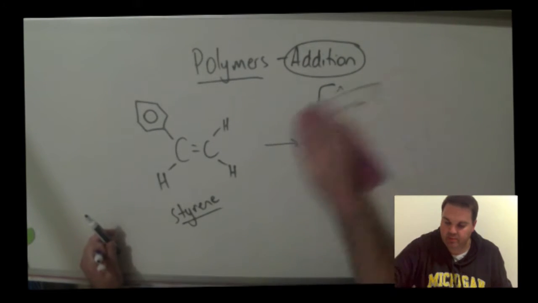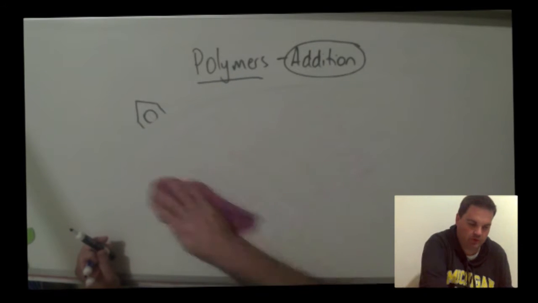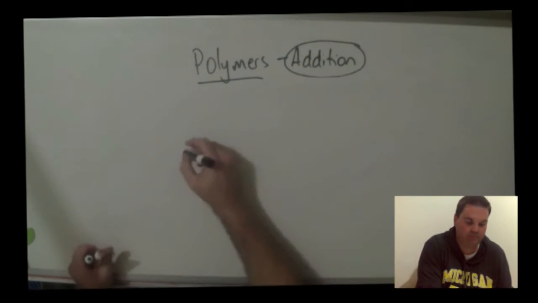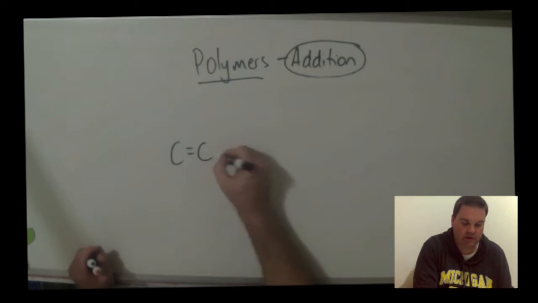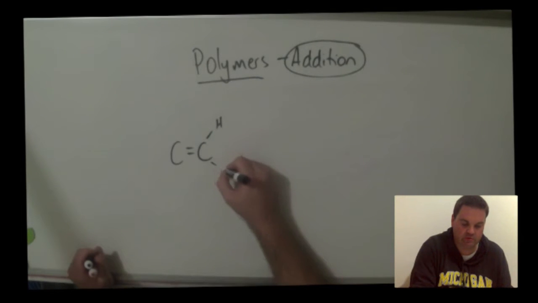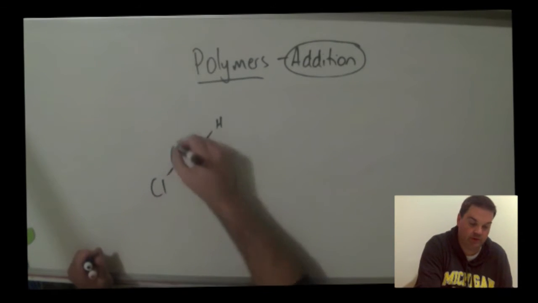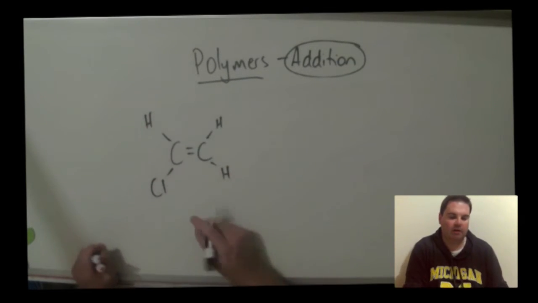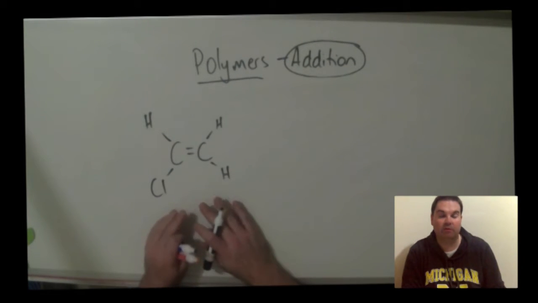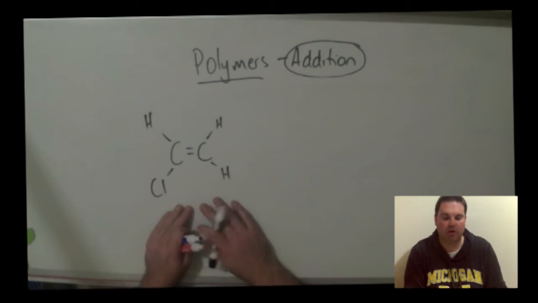I'll show you a couple of others. This one here, let's go carbon double bond. We've got hydrogen, let's go chlorine this time, let's go hydrogen. This is vinyl chloride. We're going to use this to make the polymer polyvinyl chloride.